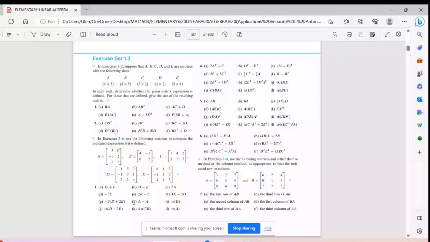We have already dealt with addition and subtraction. And then from here, the next section will be inverses of matrices. But the idea is not to get there until everybody has mastered what we are currently busy with.